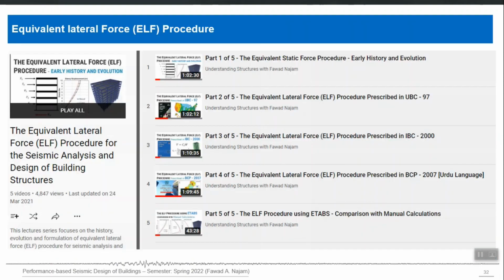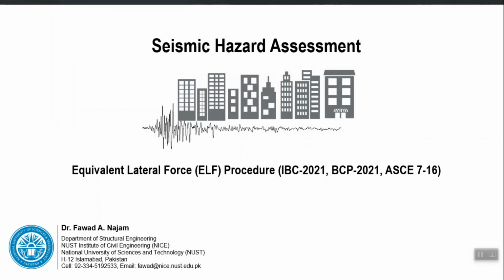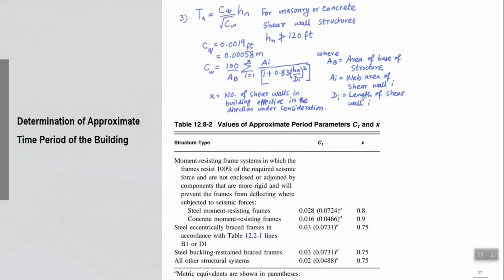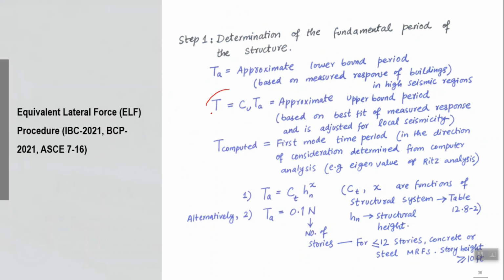So we already started this ELF method, and we have seen how to calculate the equivalent lateral forces and how to distribute them along the height. So we started with calculating the approximate time period, right, and there are 3 different expressions, and then there is an upper limit on the approximate time period also.